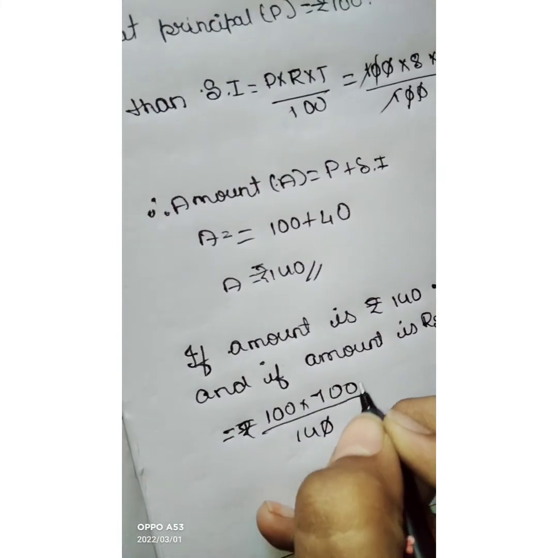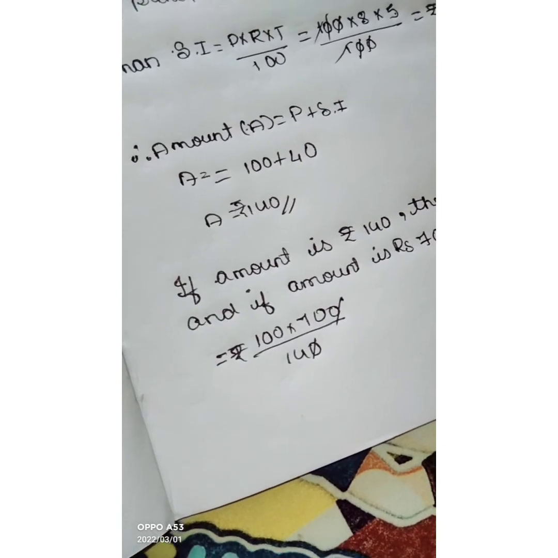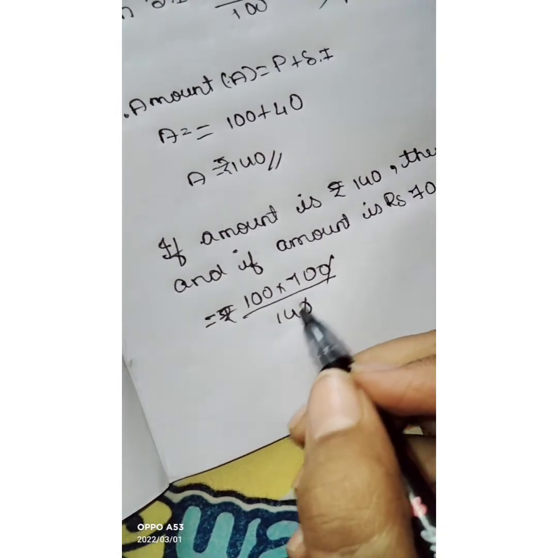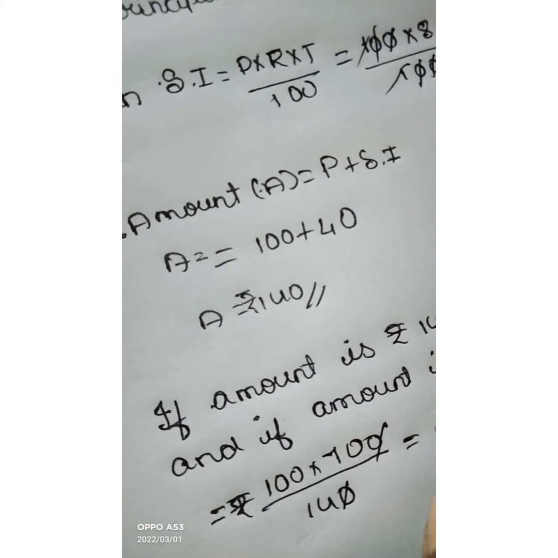Here 0 0 cancel, and we get the answer as how much? So we will get the answer as rupees 500.